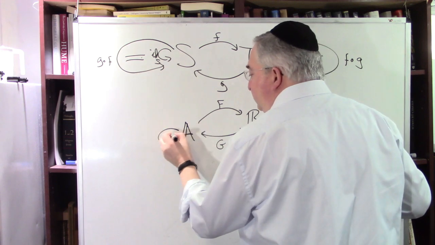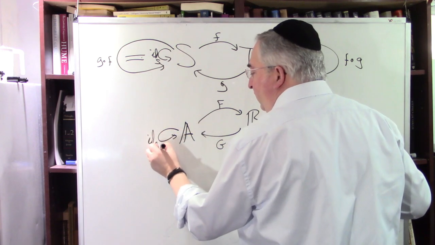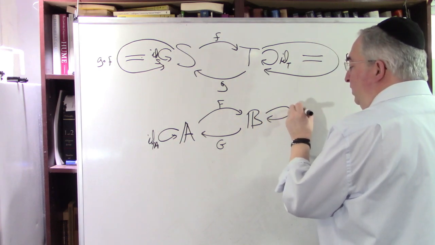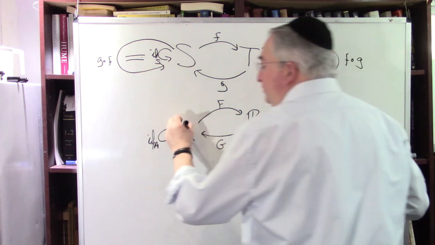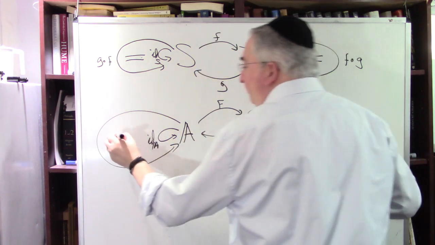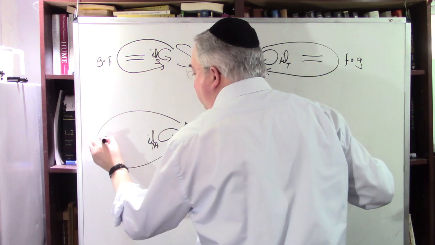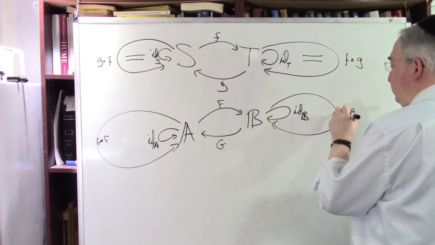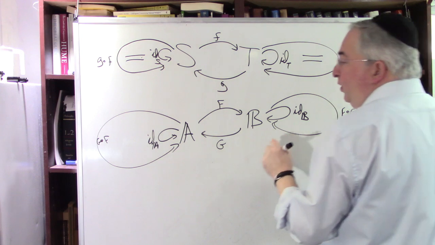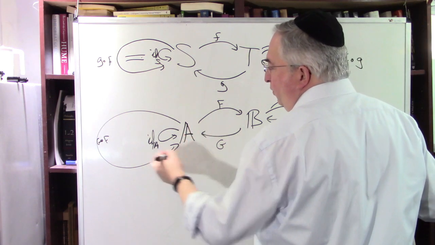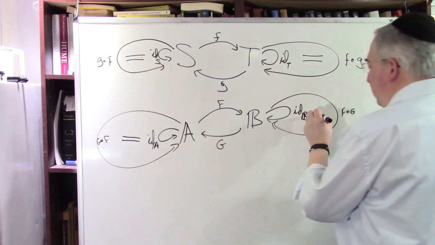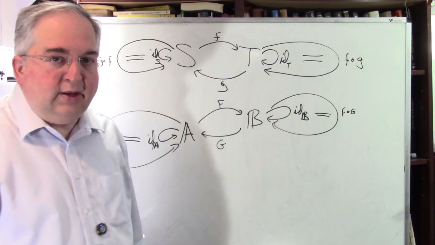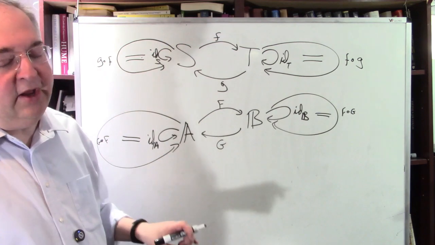Namely, there's an identity on A, boldface A, and an identity on B, boldface B. There's a composition F composed with G, and a composition called G composed with F. And what do you want? Exactly what you think you want: you want this to be equal to this, and this to be equal to this.